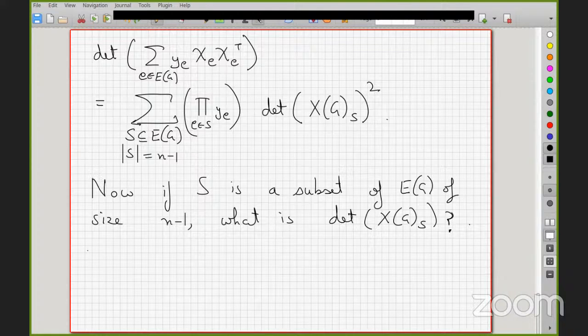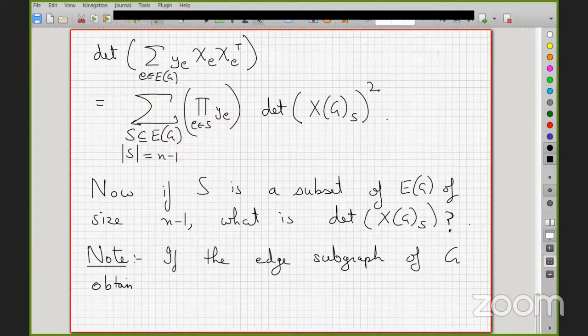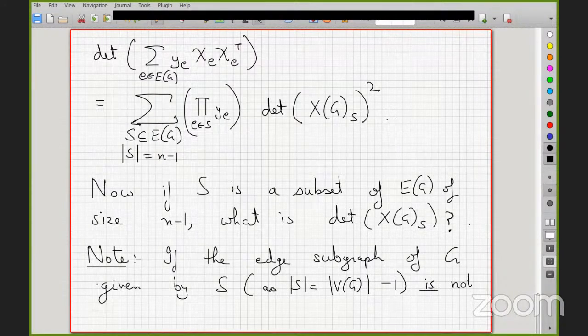Okay. So these are now basic facts. If the edge subgraph of G given by S, as the size of the set is equal to n minus 1, is not a spanning tree, then it must contain a cycle.